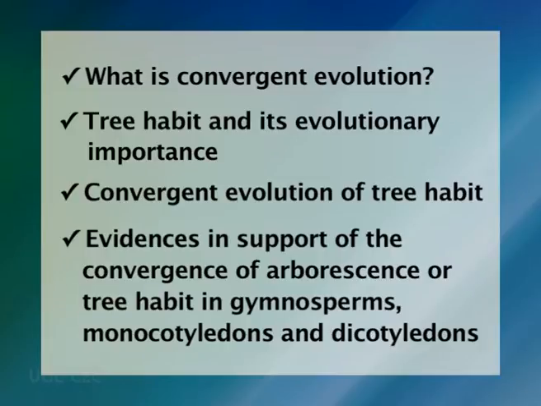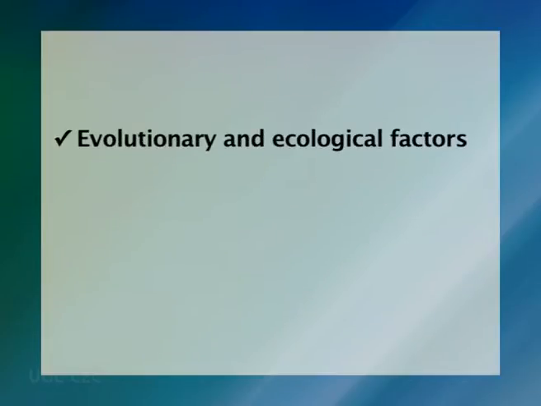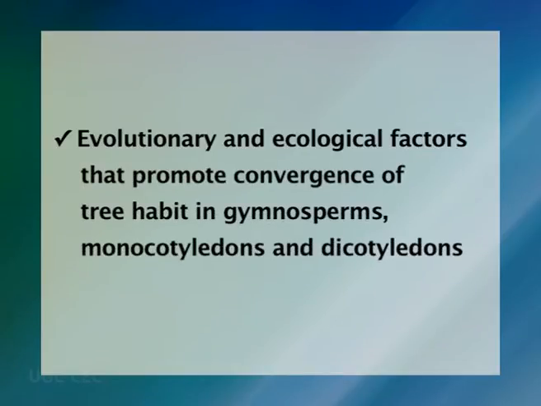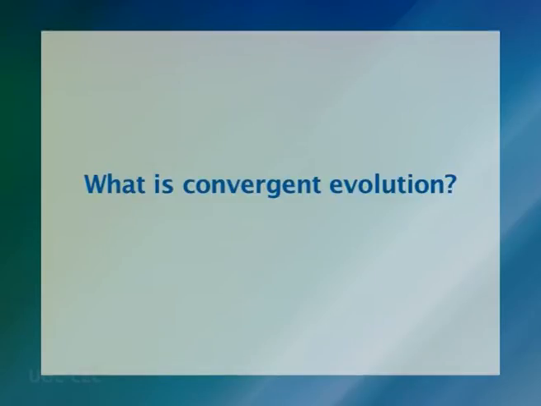And we will conclude with some evolutionary and ecological factors that promote convergence of tree habit in Gymnosperms, Monocotyledons and Dicotyledons. So, dear students, let us begin with what exactly we mean by convergent evolution.